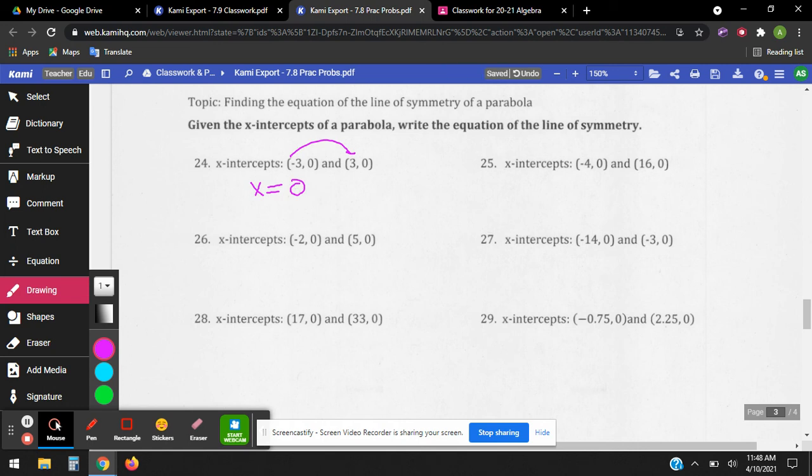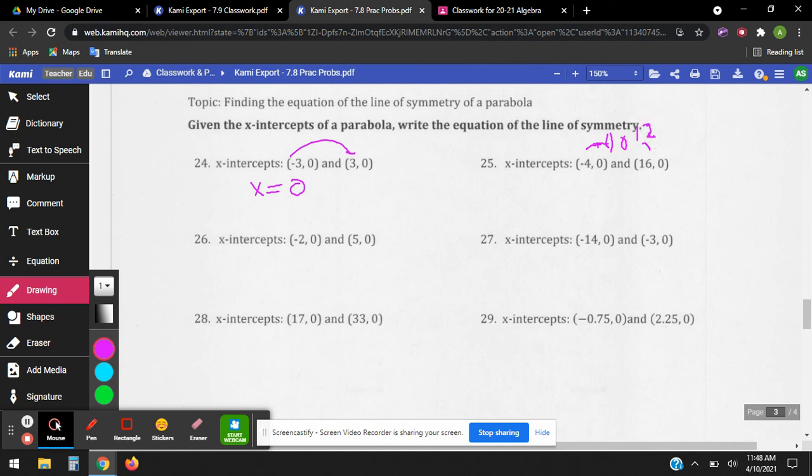What's halfway between these guys? Well, let's see. Let's subtract them and divide by 2. Is that the best way to do it? Because if I go plus 4, I end up at 0. If I go minus 4, I end up at 12.